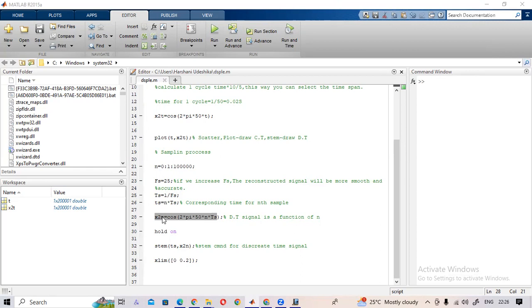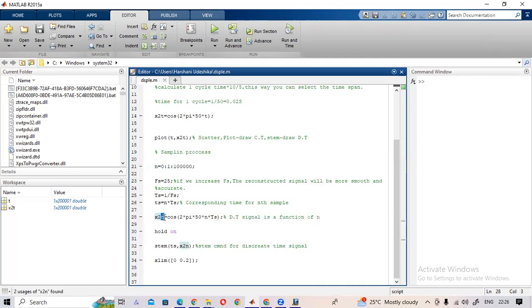The sampled signal should be with respect to n. What I have done is replace t by nTs, and you can put n over Fs, anything, nTs also.